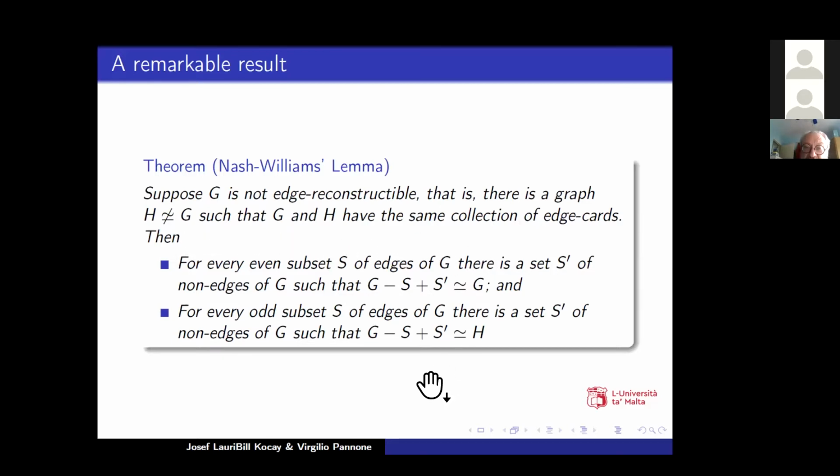Then any even subset of edges of G can be replaced with non-edges to give a graph still isomorphic to G, and any odd subset of edges of G can be replaced with an equal number of non-edges to give a graph isomorphic to H. So here we're forcing so many edge replacements, especially between G and H, but it is still a big open question whether, in spite of all of this, G and H are actually isomorphic.